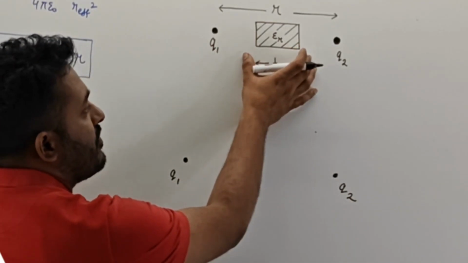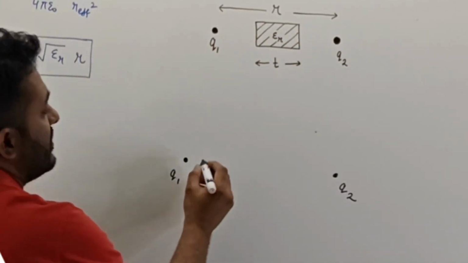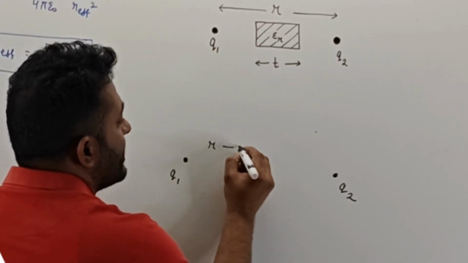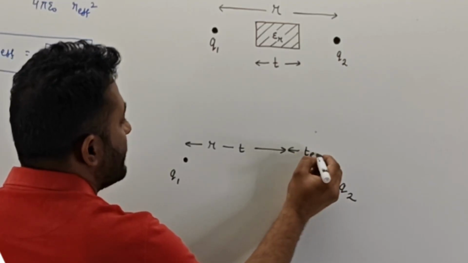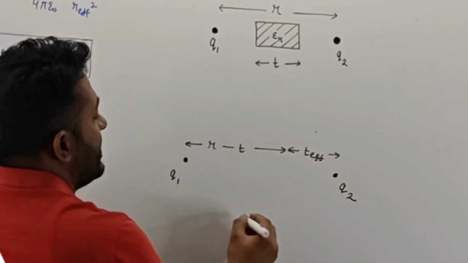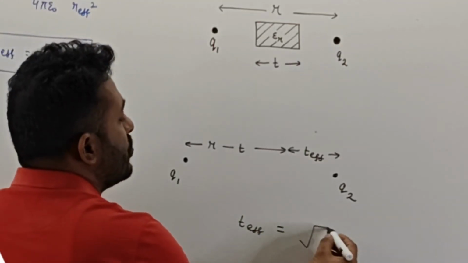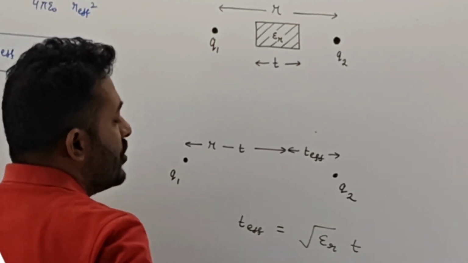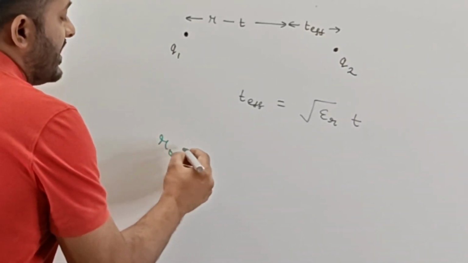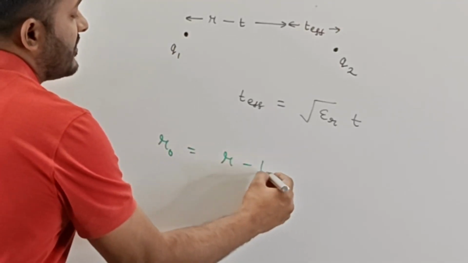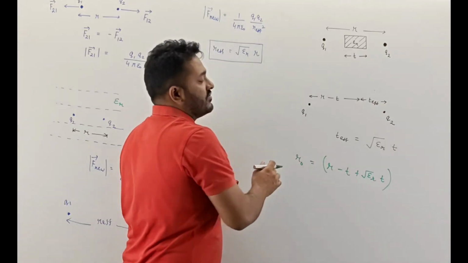The space which is occupied by a dielectric of dielectric constant epsilon R can be treated in this way, that R minus T is the separation which they have in air, and this is T effective, where T effective is the value which we obtain from this expression, which is equal to root over epsilon R times T. So the new distance between the two charges becomes R minus T plus root over epsilon R times T. So this is the new distance which we have.